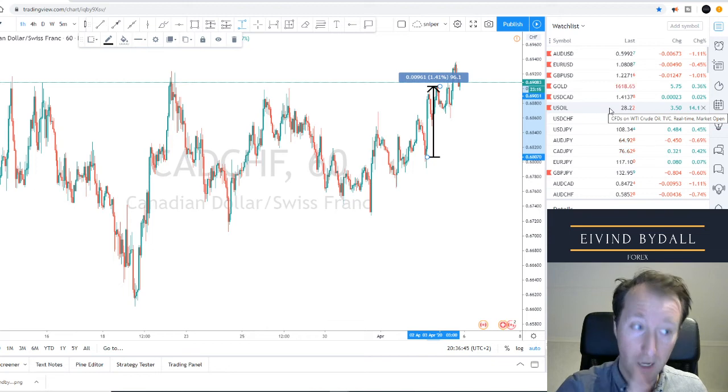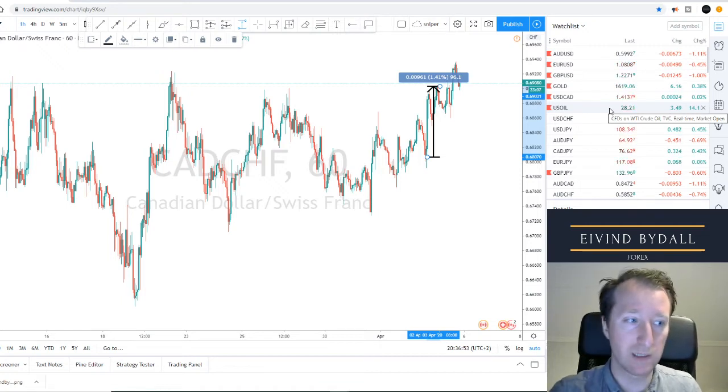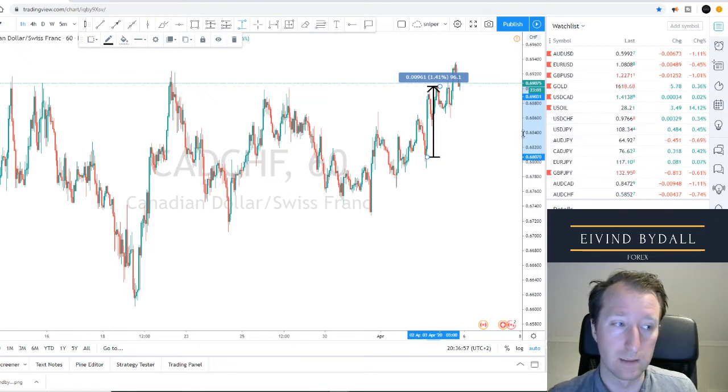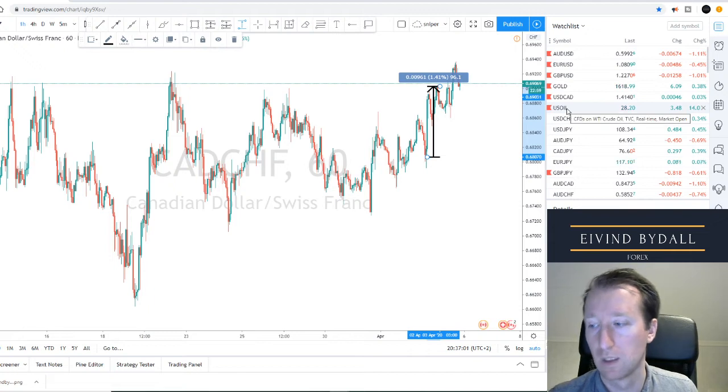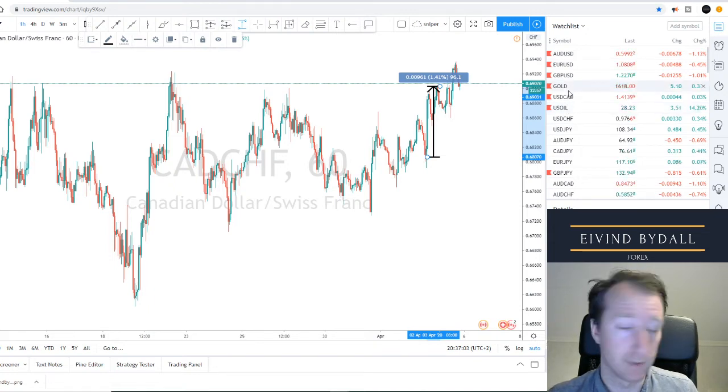This is high risk. This is not normal and happens rarely. Okay, not rarely, but it happens maybe a couple of times a year where there are these shocks to the oil market.